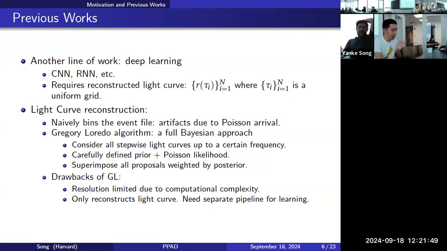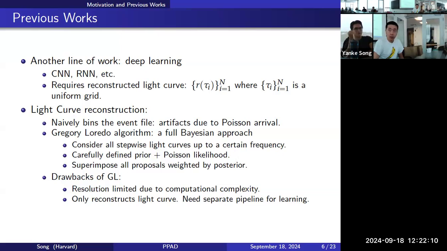Yeah, I have a question about the priors. You can define it with whatever assumption you have for how a variable light curve will look, or how a flare light curve will look.